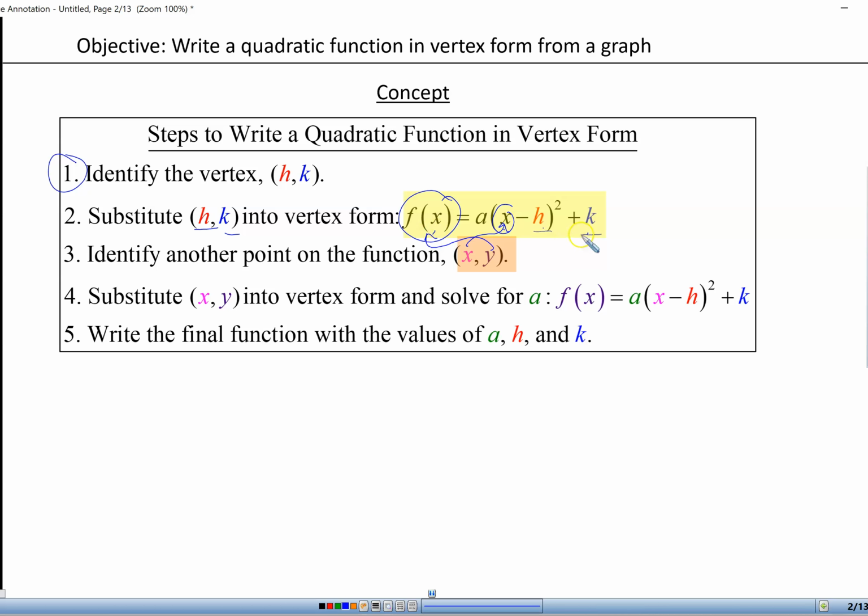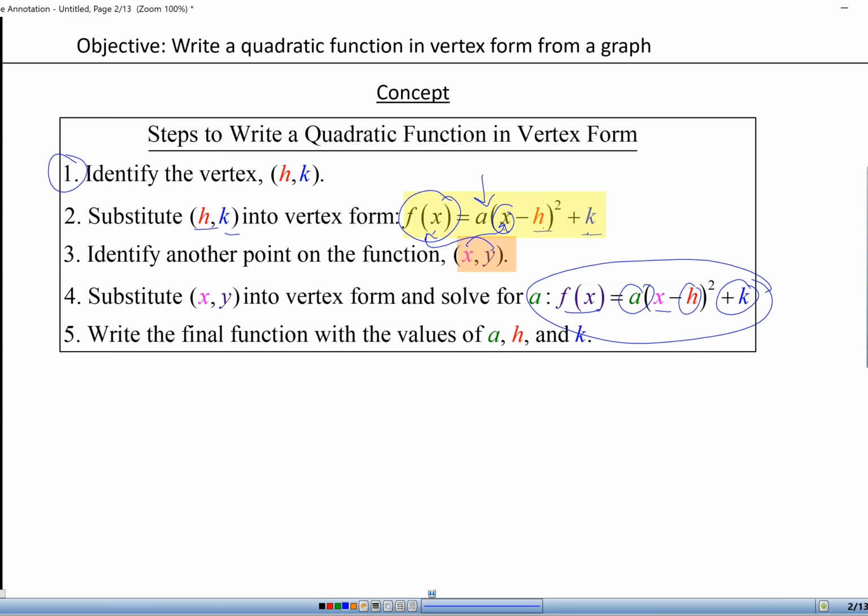And that will give us an equation that we can then do the math and solve for the a value of our function. And once we have that, then we can put it all together, the a, the h, and the k. The x and the f of x go back to being x and f of x, and we will have our final function in its vertex form.